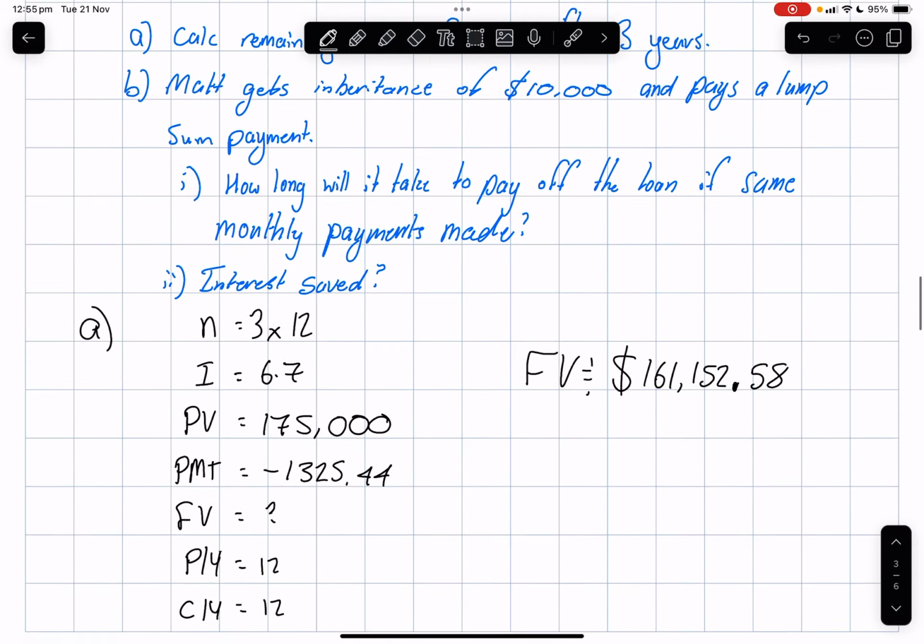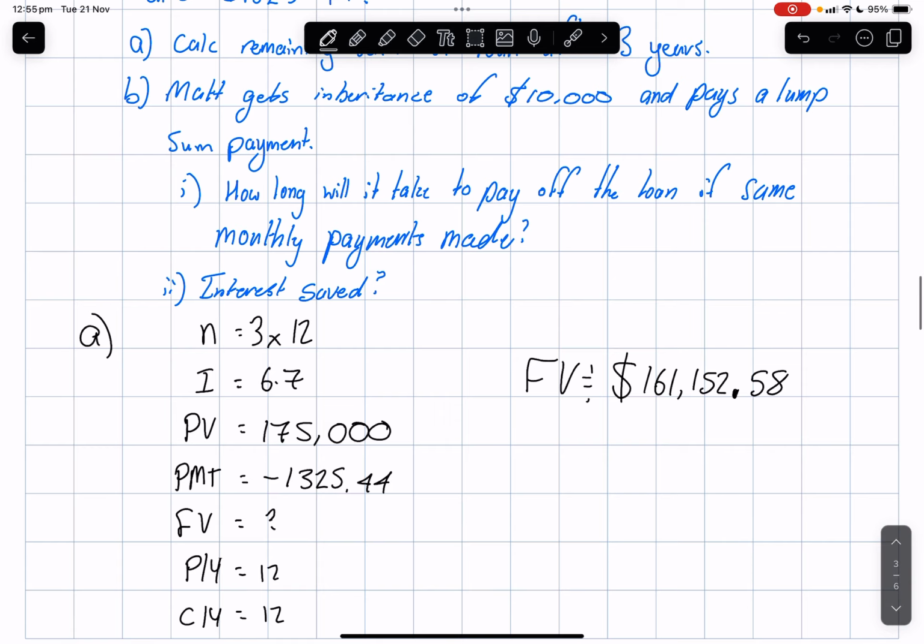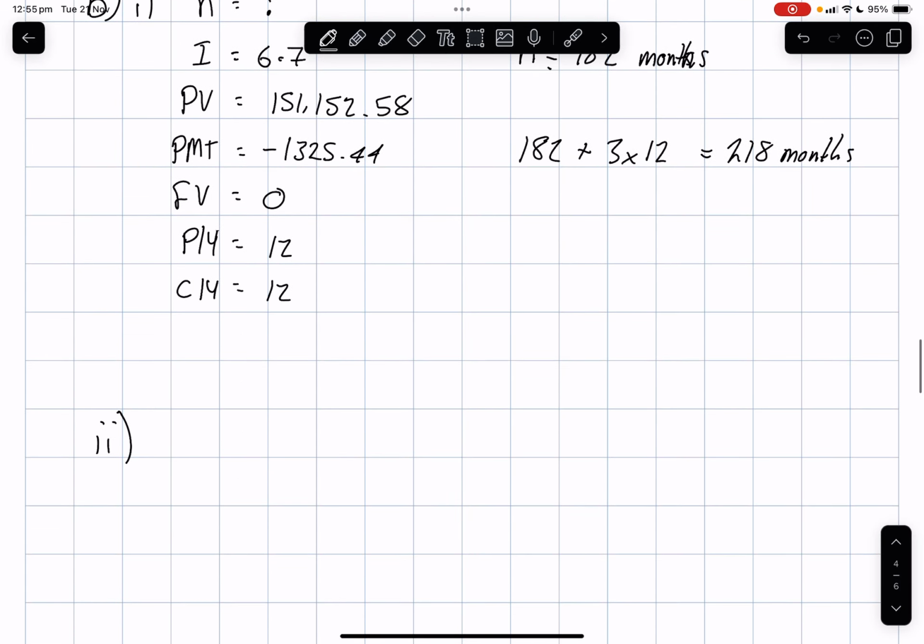Now, let's have a look at how much interest our friend Matt saved by doing this. We need the total payments and how much it's going to cost before the lump sum. Originally it was going to take 20 years of 12 months and our PMT was 1325.44. We're going to subtract off the new time.